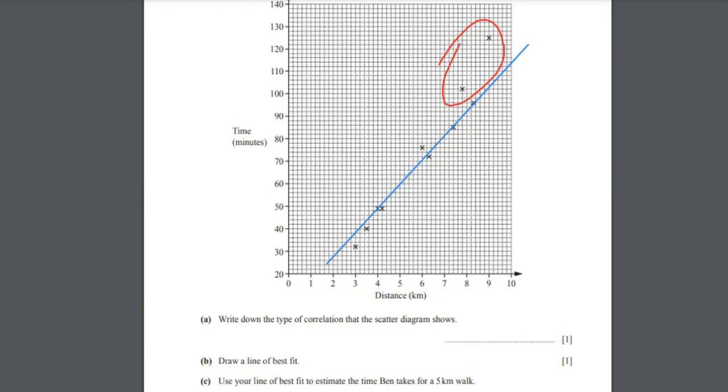Use your line of best fit to estimate the time taken for a 5 kilometer walk. You need to estimate, so you have to use this line, and you have to estimate the time needed to walk 5 kilometers.